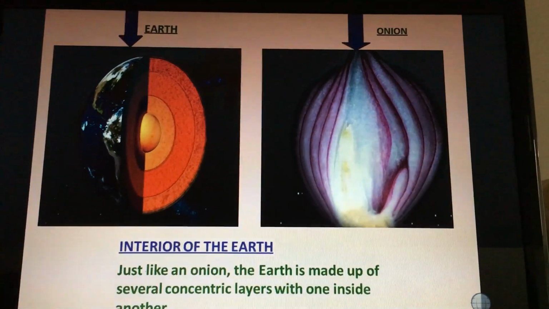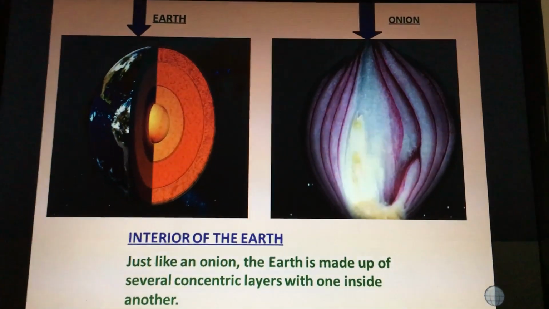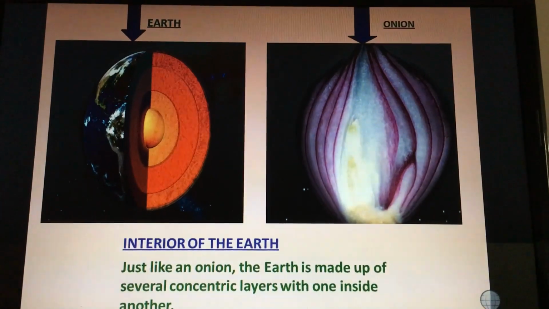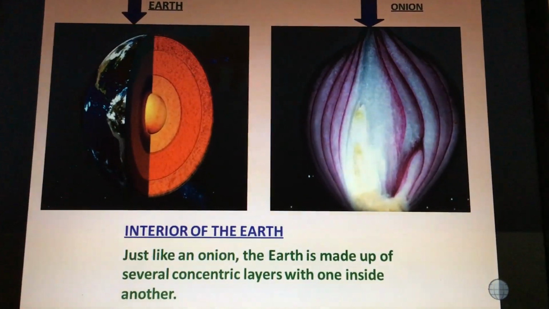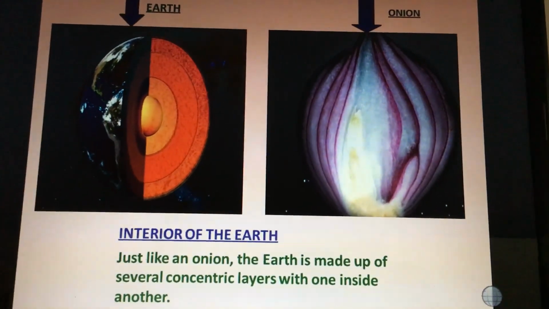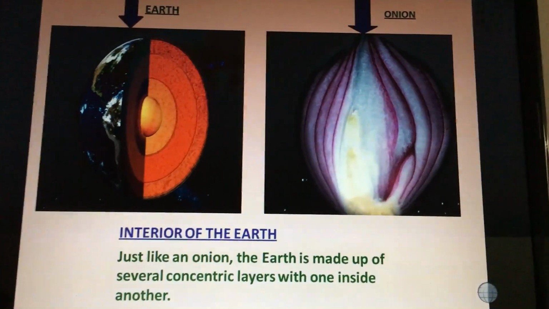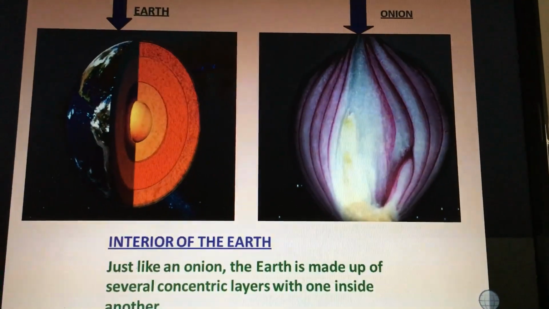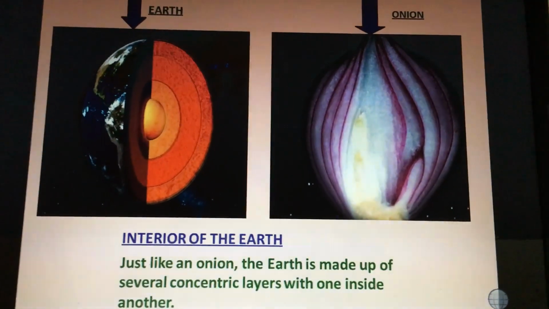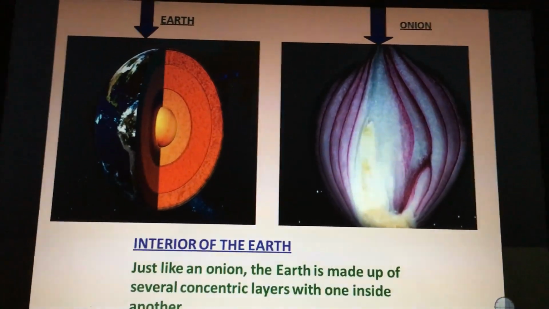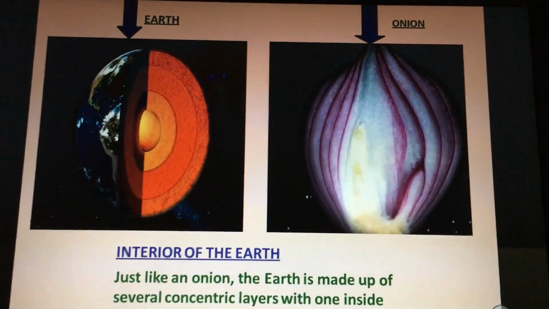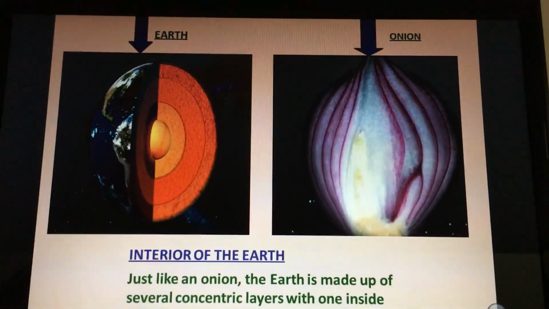The other layers are the other structures of our Earth. Just like when we slice an onion, we can see different layers covering one another. This is how our Earth is covered with different layers.